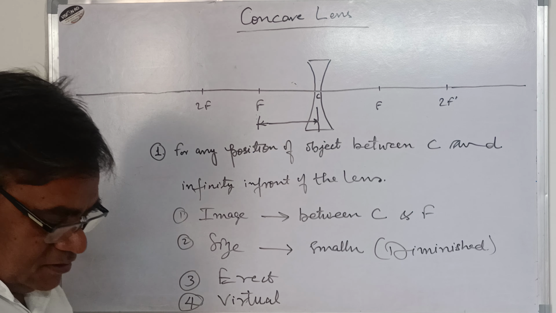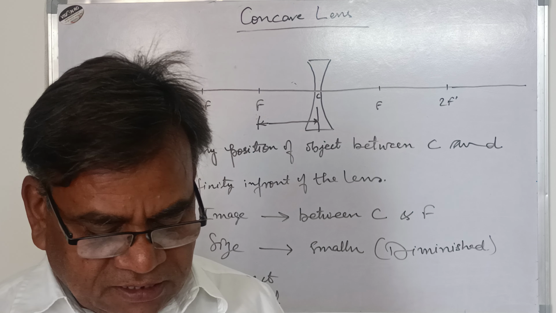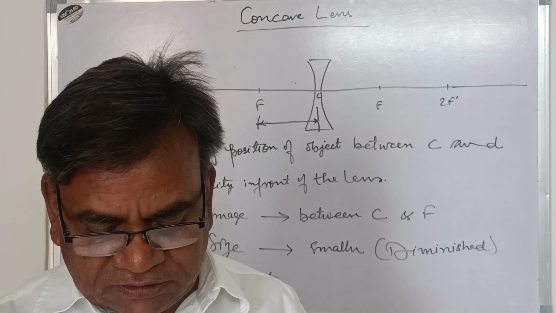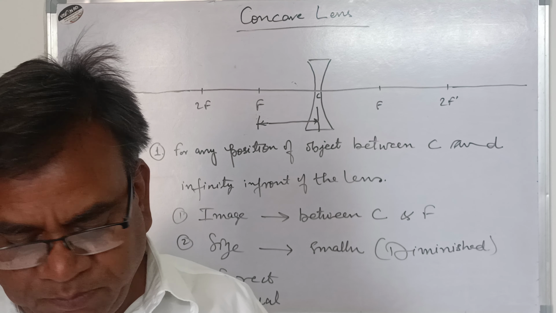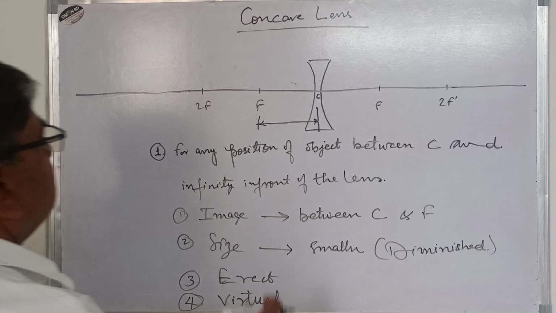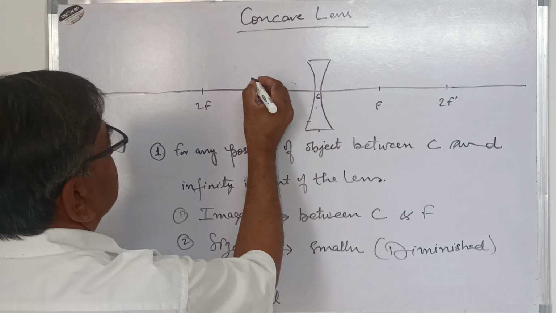This will be the condition. Now question 2: copy and complete the diagram below to show what happens to the rays of light when they pass through the concave lens. It is very simple. Some light rays are given in this way.